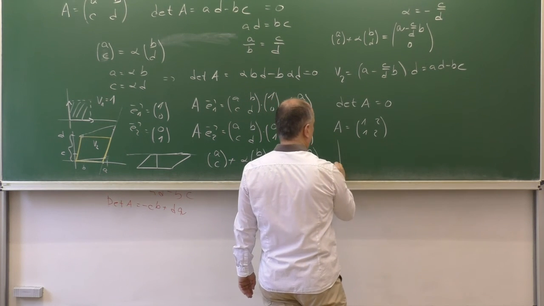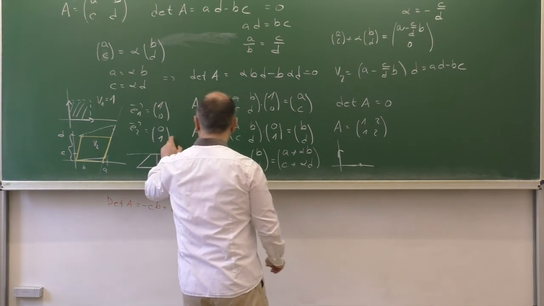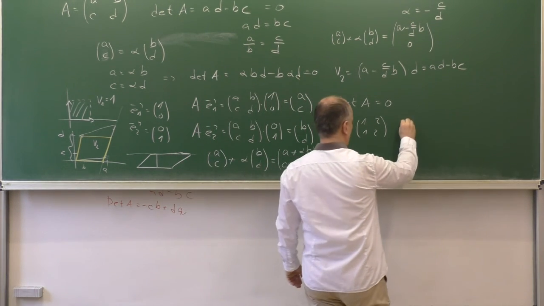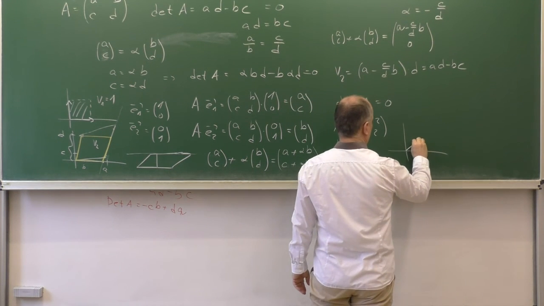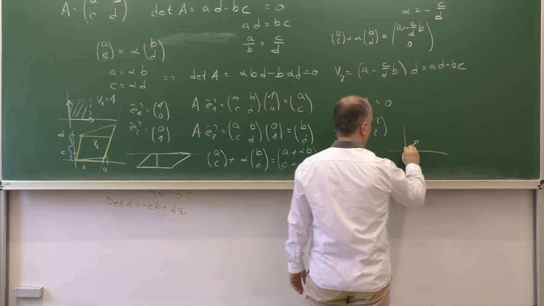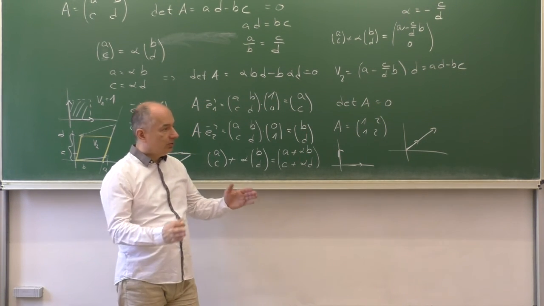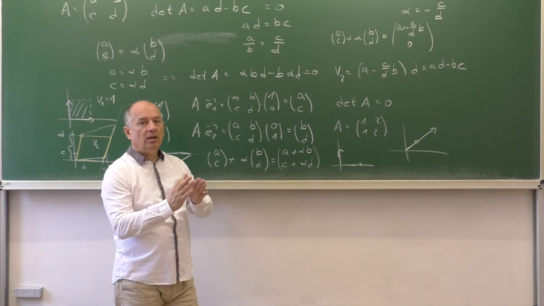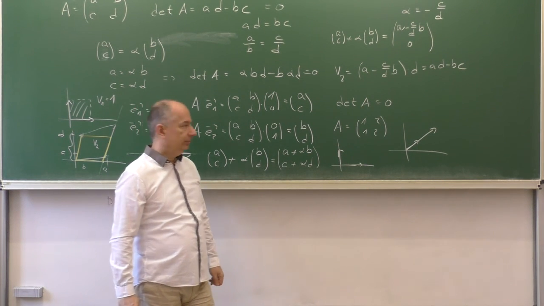Then if you consider once again these two vectors, E1 and E2, the first one is mapped to the vector 1, 1, and the other is mapped to the vector 2, 2. And these two vectors also build a parallelogram, but this time with 0 area.